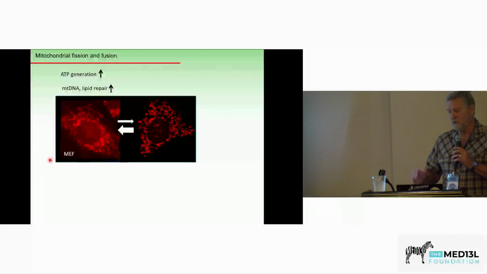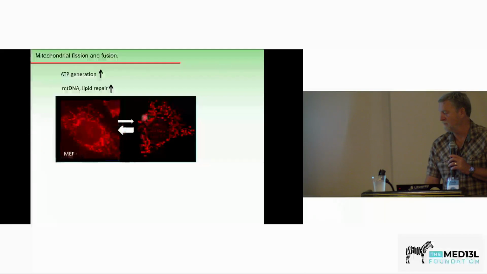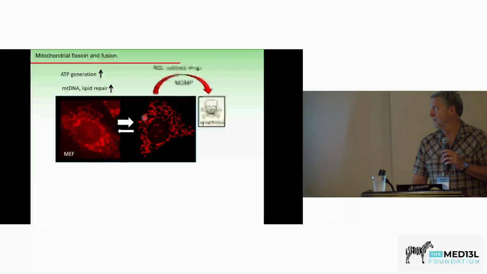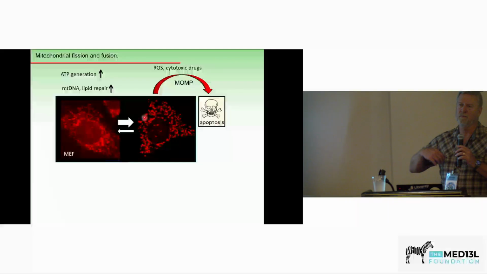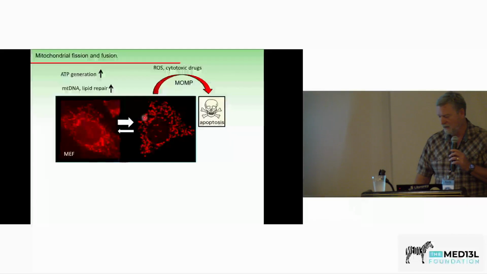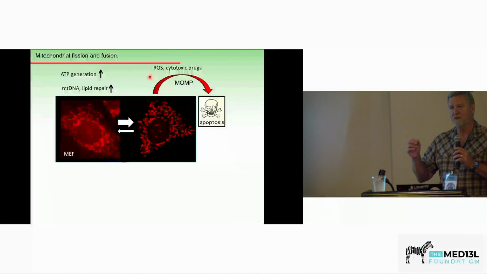Now, there are certain situations where the cell switches to this fragmented version. The one that people recognize the most is in response to cell damage. Cells can be damaged by a variety of mechanisms. One of the more important ones, especially for what we're interested in, is reactive oxygen species, or ROS. This reactive oxygen will modify and damage lipids, proteins, and DNA.